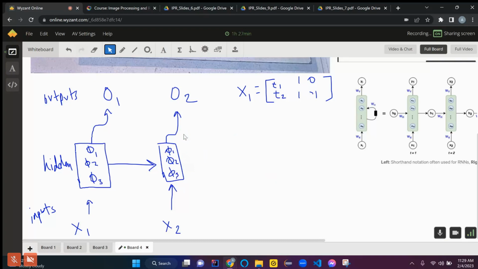Now, let's see, how would that work? So each of those little phi's basically acts like a fully connected unit individually.